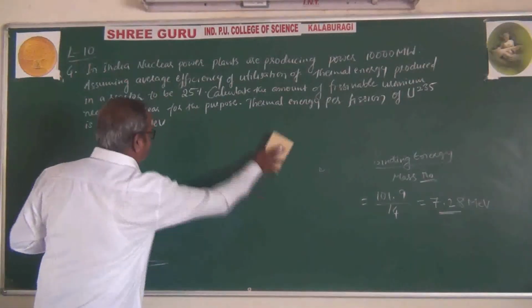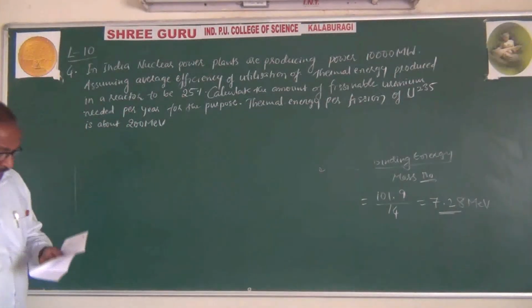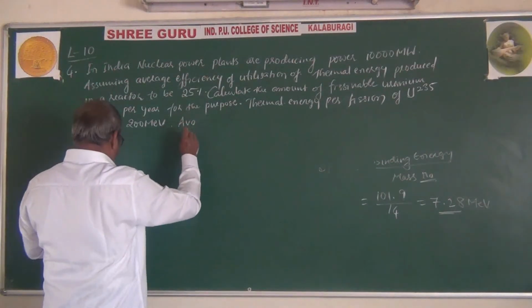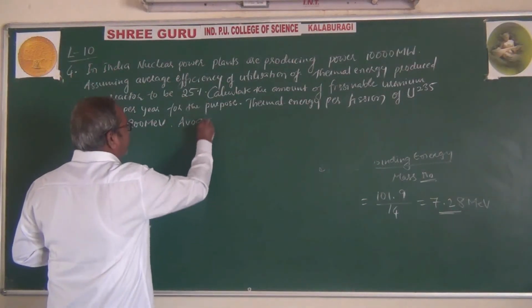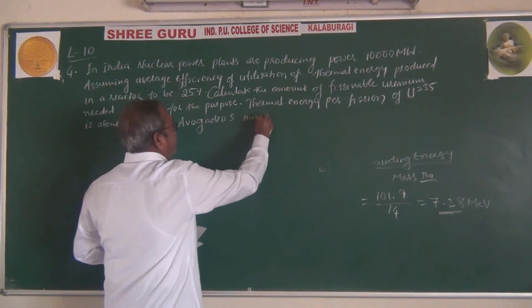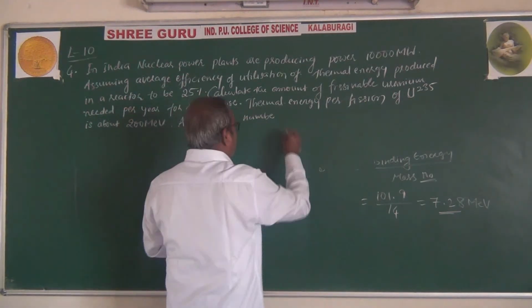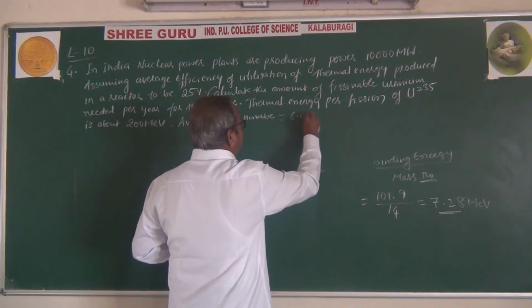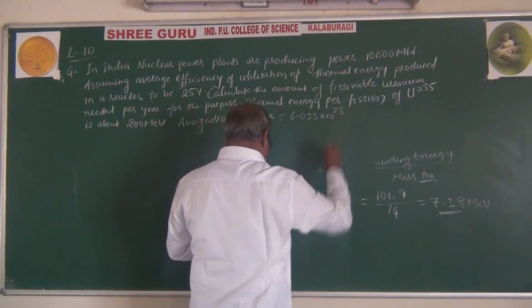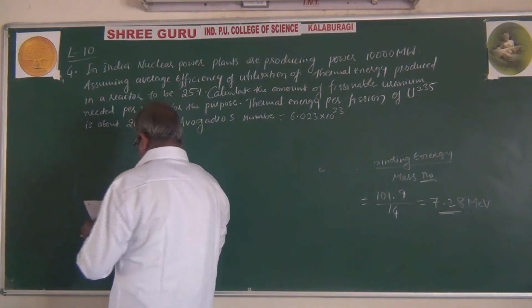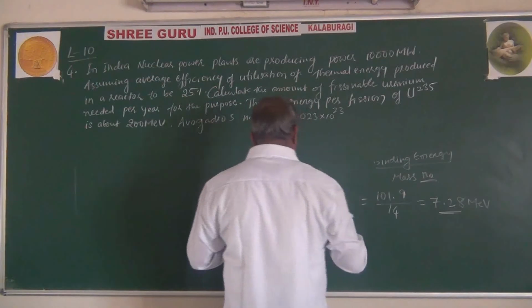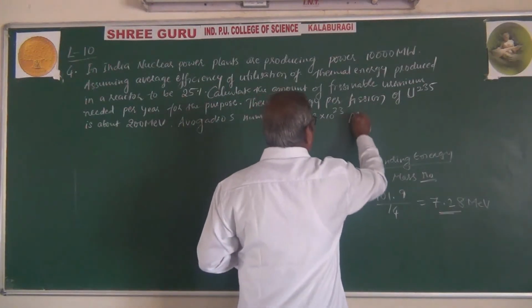Avogadro's number is equal to 6.023 into 10 raised to 23 per mole.